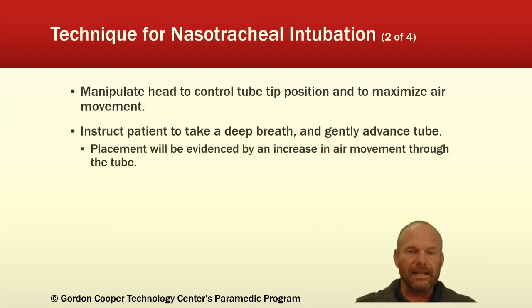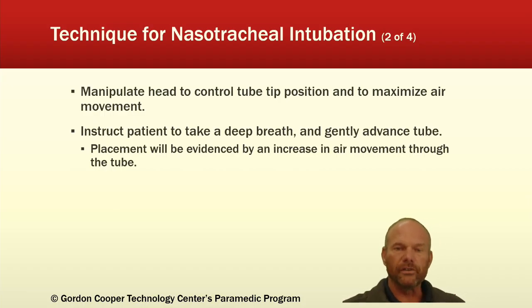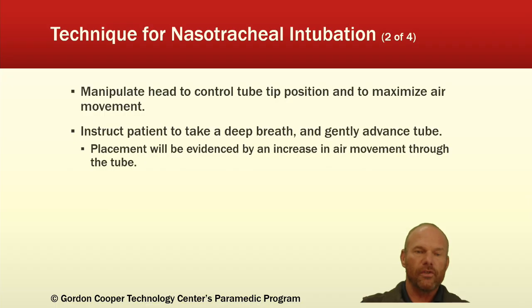And then manipulate the head for tube positioning. Adjust the patient's head position as needed to control the tip of the tube, and then just ensure that it aligns properly with the airway. What that does is help maximize that air movement through the lungs during insertion. Timing with that inhalation, instruct the patient to take a big deep breath. As they inhale, gently advance the tube into the trachea.